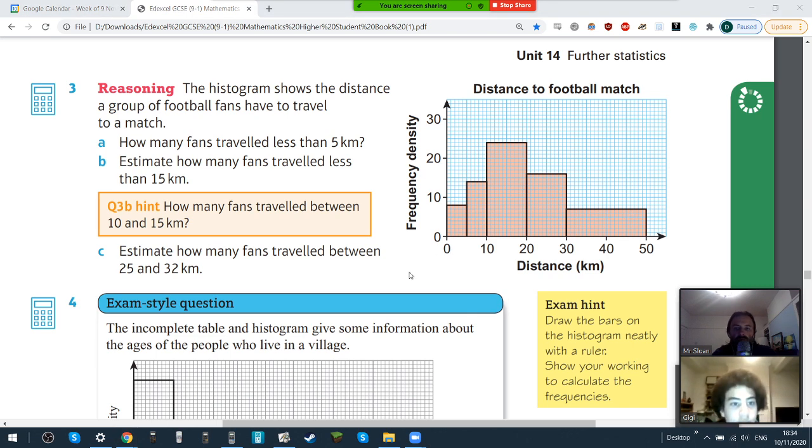Well done. How about B? I think second bar goes up to 14.